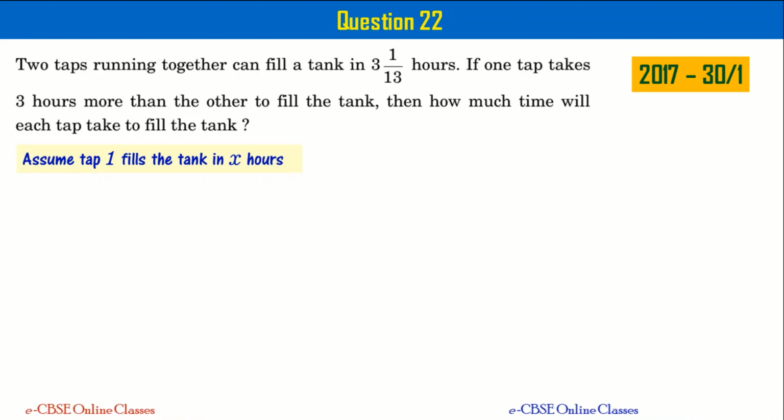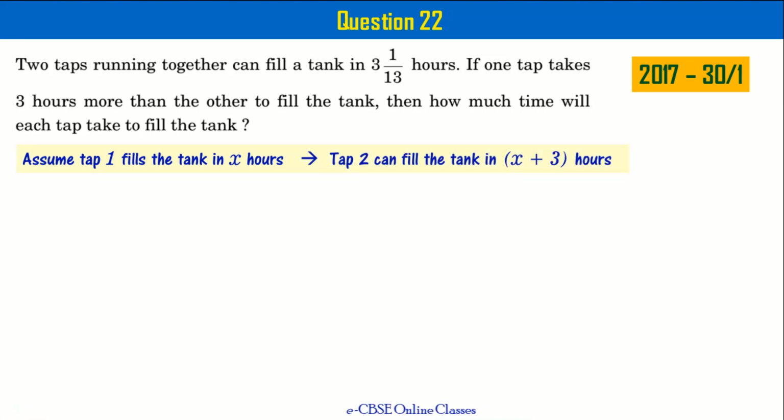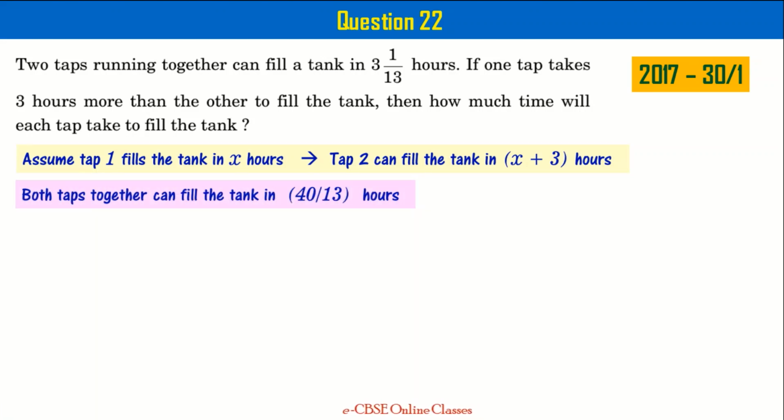One tap is able to fill in x hours means the other tap is going to take x plus 3 hours. It means in 1 hour, it can fill 1/(x plus 3) portion of the tank, right? And it was said that both taps together can fill the tank in 3 1/3 hours. That can be written as 40/13 hours, right?